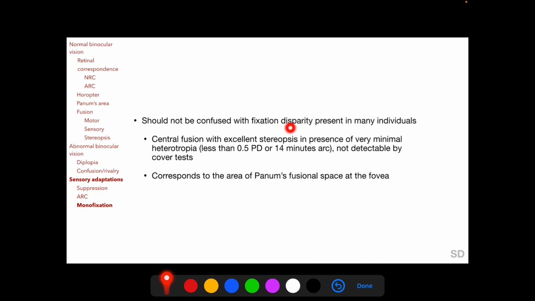In fixation disparity, there is central fusion with excellent stereopsis in the presence of very minimal heterotropia, less than half a prism diopter or less than 14 minutes of arc, and this very small amount of heterotropia is not detectable by cover tests. And this small heterotropia corresponds to the area of Panum's fusional space at the fovea.